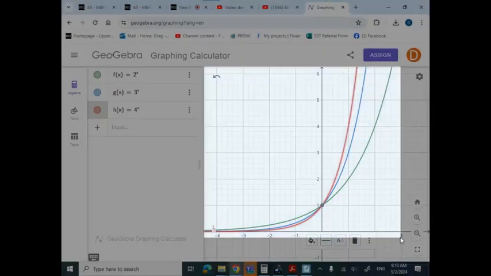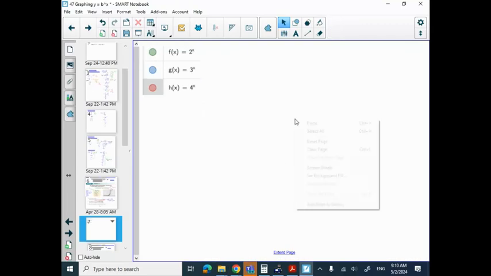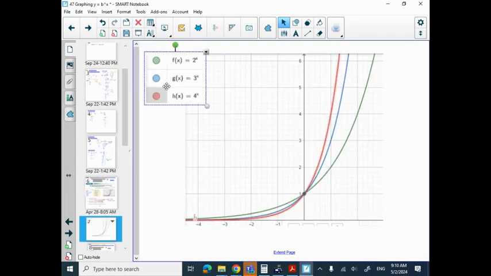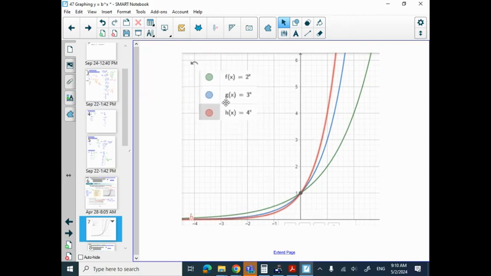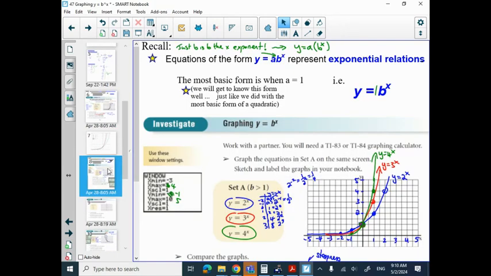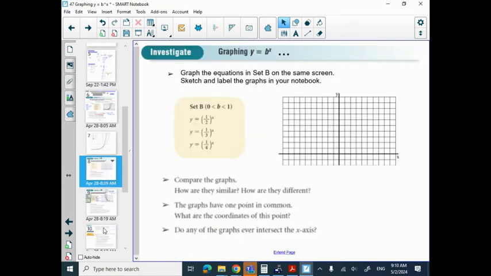That's pretty good there. Here we go. So the pictures left something to be desired on the previous page, so it's looked a lot better. Okay, so the next one here, graphing.